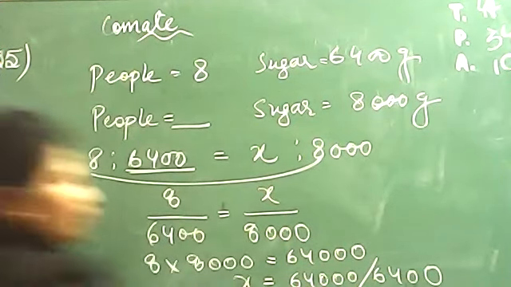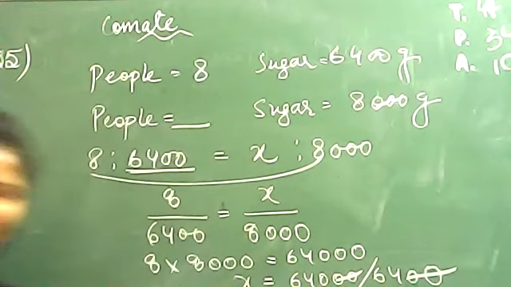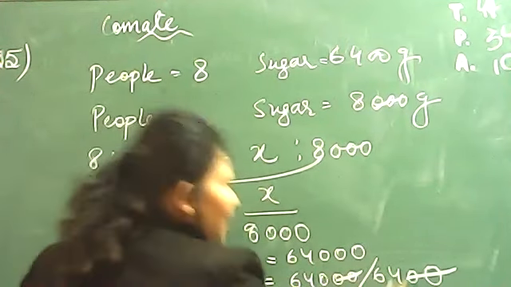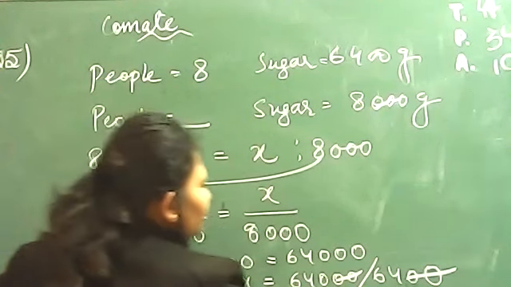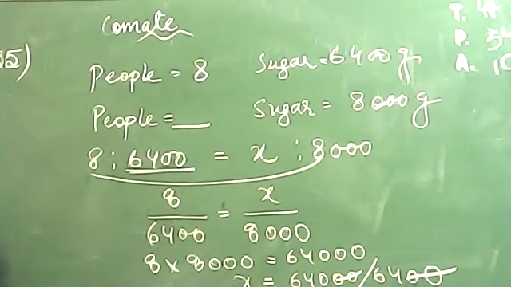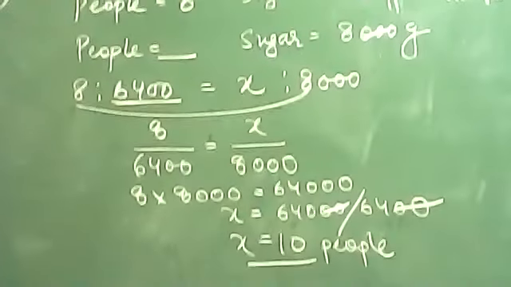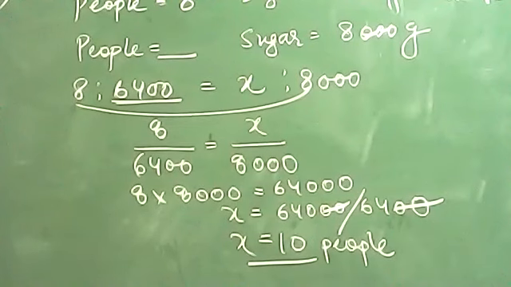Now look at here. 0 cancel, 640 divided by 64. What will come? 10 people. Value of x. That is why I taught you how to find out the value of x. That is very, very important.